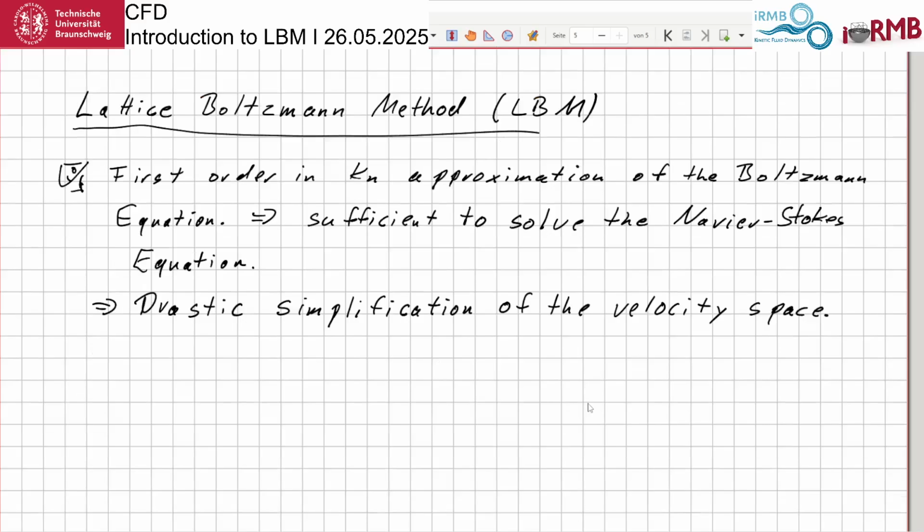I'll describe this in 2 dimensions, even though virtual fluids only works in 3 dimensions. There is a classification of these discretizations that is described as the DQ system, where you say we are in 2 dimensions, D2, and we use 9 speeds, Q9, D2Q9.